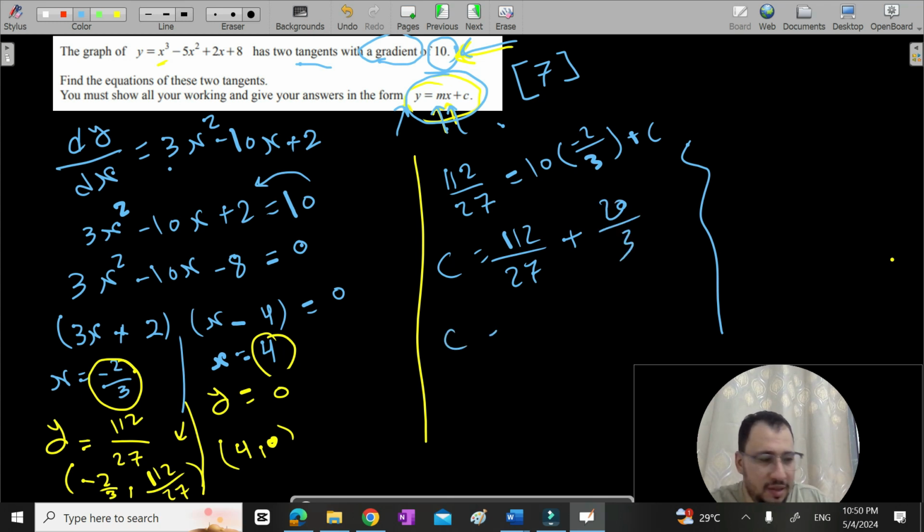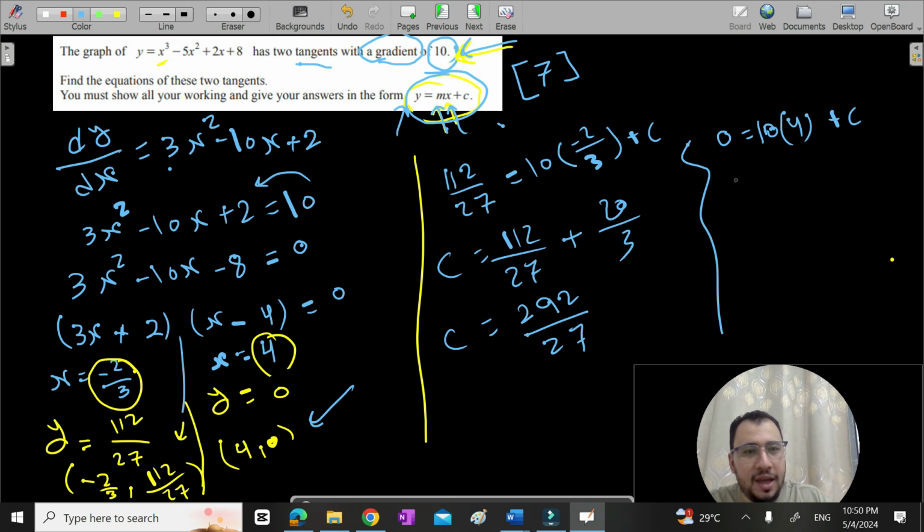And in this case, c equals 292 over 27. We will do the same thing with the second point. Substitute y with 0, m is 10, x is 4 plus c, and in this case c equals negative 40. We got the y-intercept of both lines.